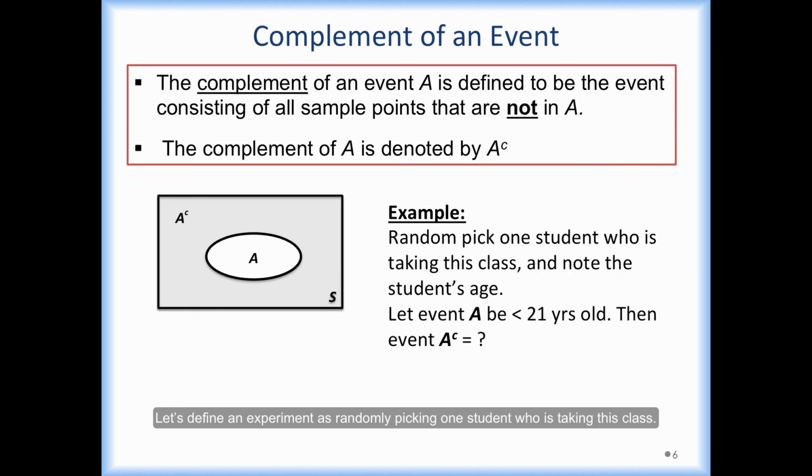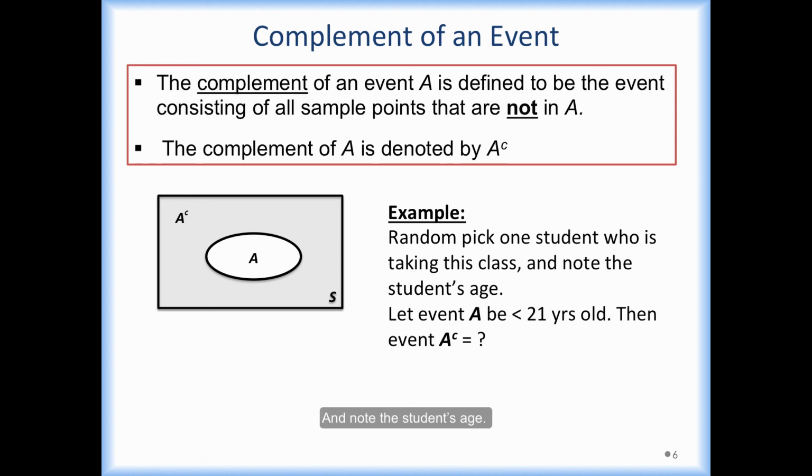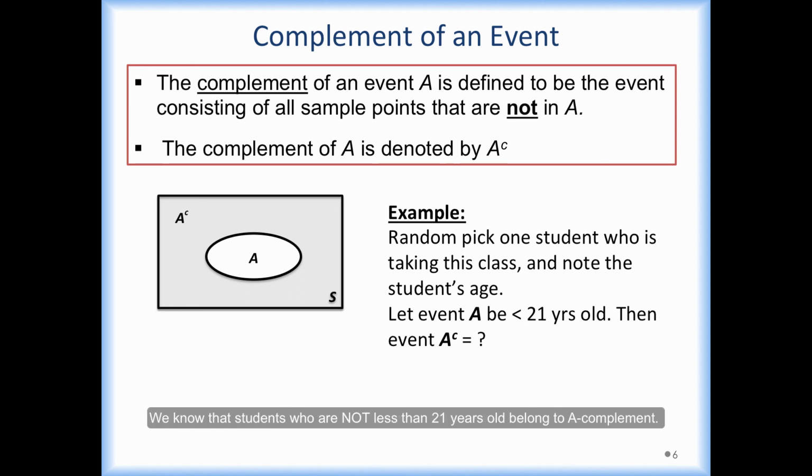Let's define an experiment as randomly picking 1 student who is taking this class, and know the student's age. Define event A as less than 21 years old. Then, what is event A complement? In this case, we know that students who are not less than 21 years old belong to A complement.